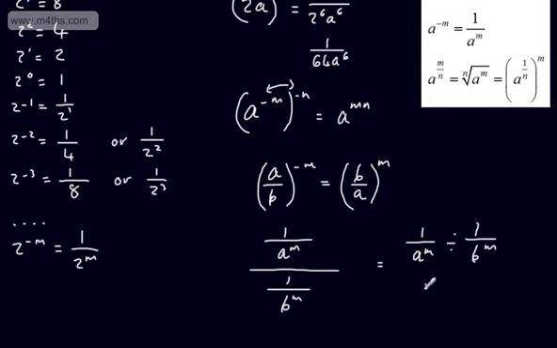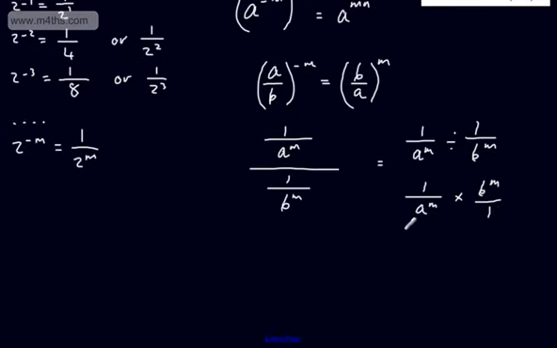If we're dividing, we could write this as 1 over a to the m multiplied by now the inverted fraction right here, which would be b to the m over 1, and we can see that this gives us now b to the m over a to the m, which of course we could write now as b over a to the power of m.